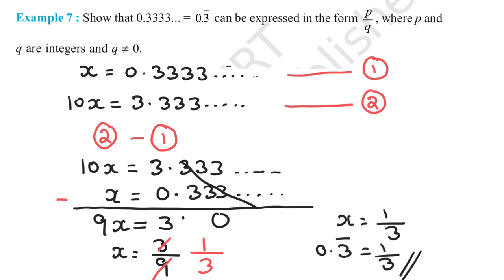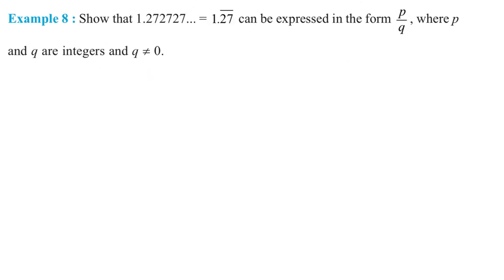Understood the steps now? We will take up another example. The steps remain the same. The numbers may keep changing. Let's look at this problem.